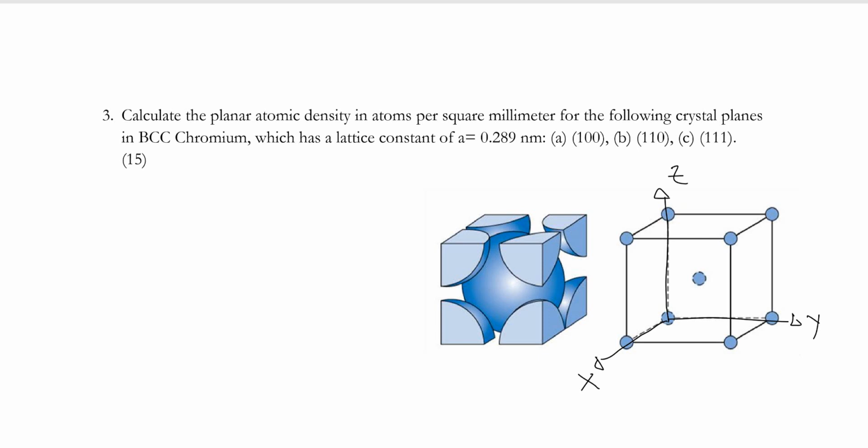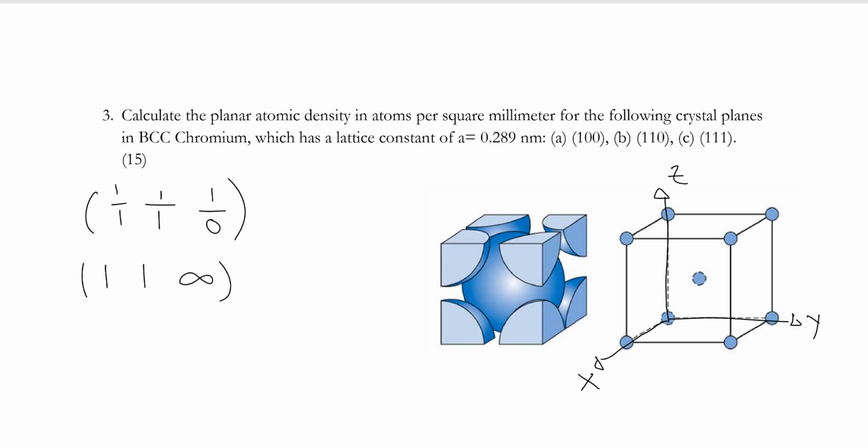To begin, it'll be best to first start off by drawing our plane and our unit cell. To do so, we take our plane values and reciprocate them. So we get 1 over 1, 1 over 1, and 1 over 0. Working that out, we get 1, 1, infinity.